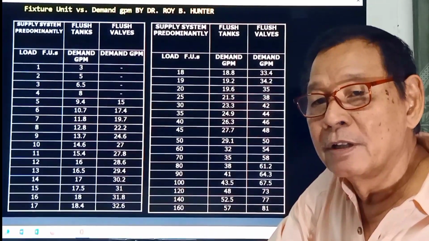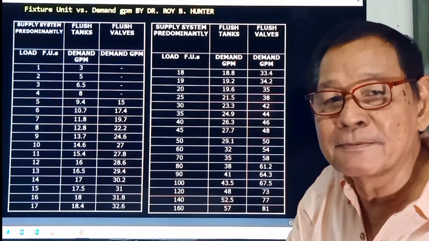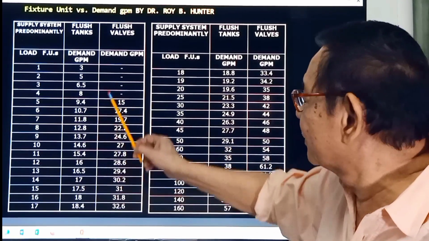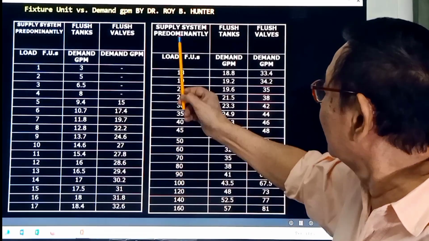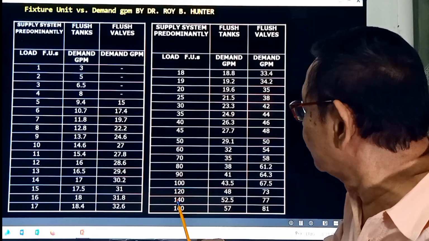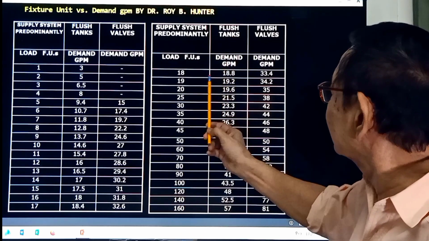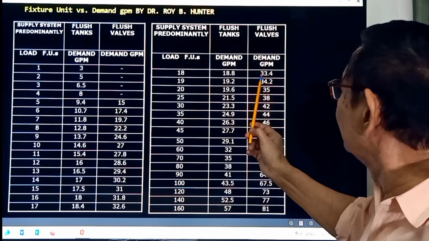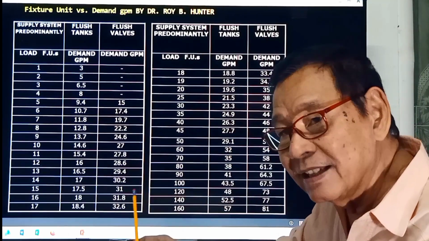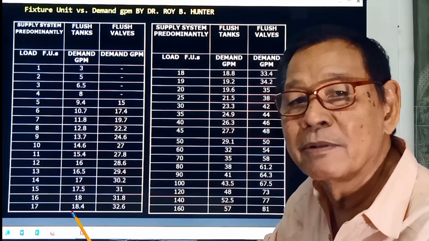And if your system is more on flush valves, you get the value from flush valves. So these are the values. The loading that we will have in terms of fixtures unit, and the values of the demand GPM flush tanks, and the values of the demand GPM flush valves. Without this, we cannot proceed into our design.